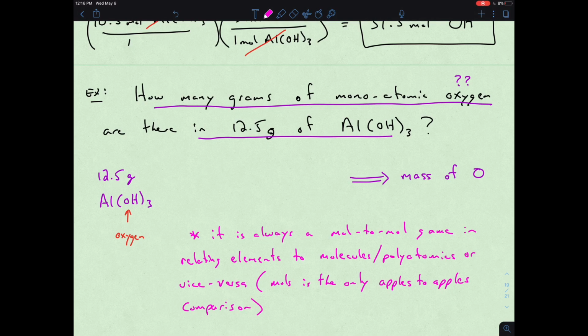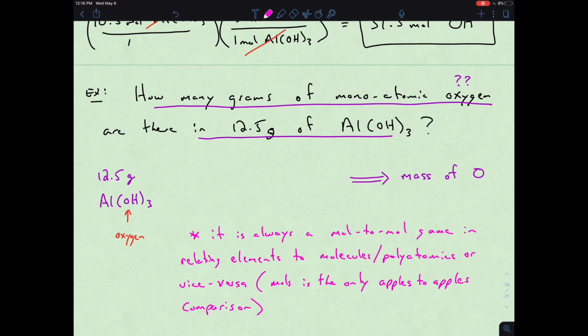Aluminum hydroxide has a different molar mass than oxygen does, right? They actually physically weigh different things. As far as 1 mole of oxygen weighs 16 grams, but that's not true for 1 mole of aluminum hydroxide, right?